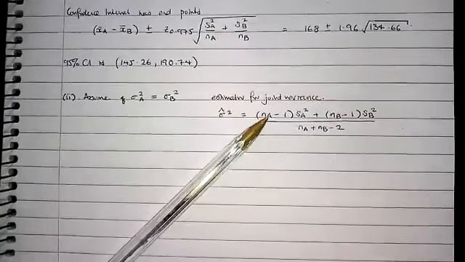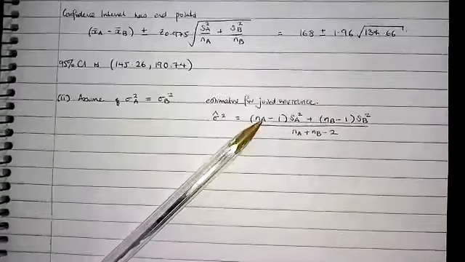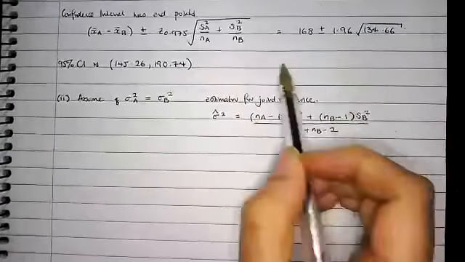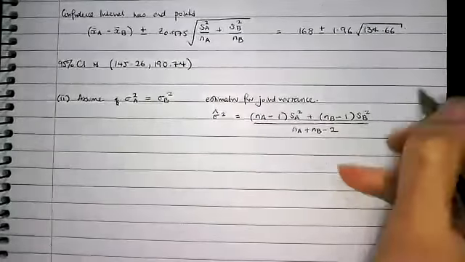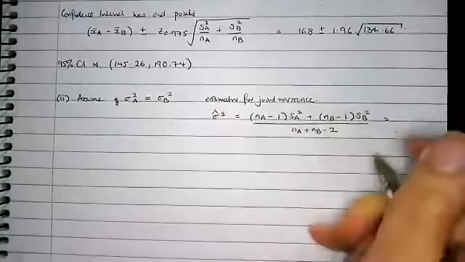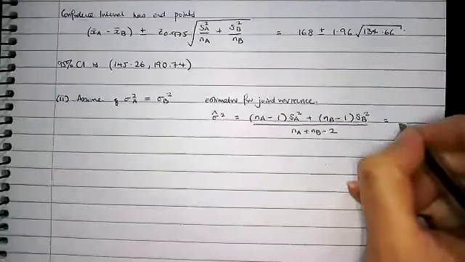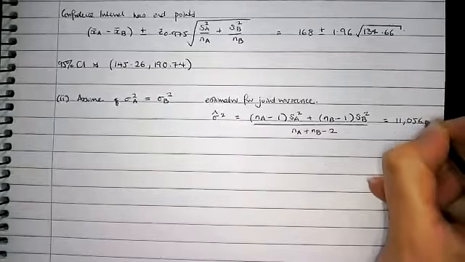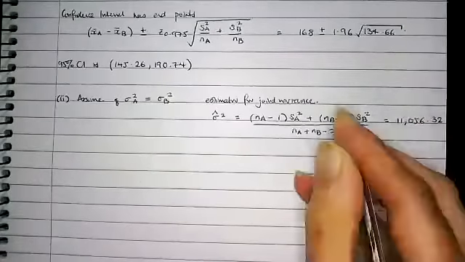Okay, so let's have a look at what we want to be doing here. Hopefully as a first step you could get all of the values in here, and what we would get out as an estimator for the joint variance would be 11,056.32, this one.